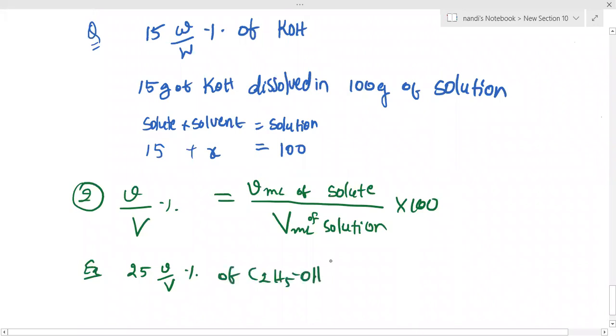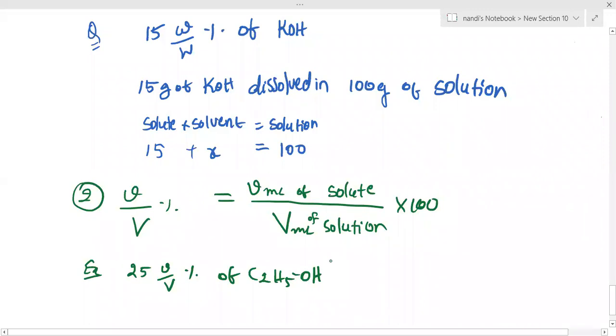All these concentration terms you can observe, especially on medicines, syrups, cold and cough syrups or any type of syrup. On that bottle you can see the composition they mention: W by V percent, V by V percent, or W by W percent. If you have any liquid in your home, maybe washroom cleaner liquids, or even Dettol, whatever sanitizer, anything you can take. If it is a liquid, they mostly express it with these methods only.